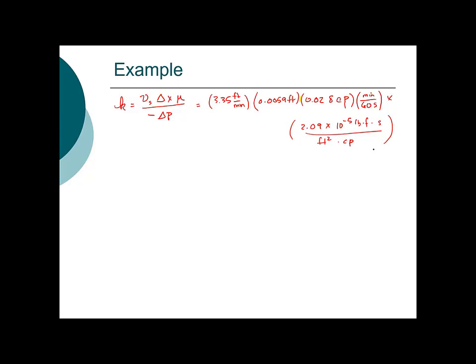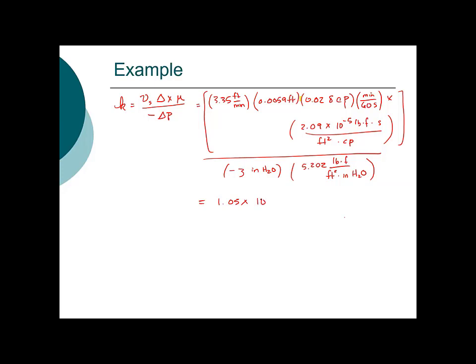And it's just a conversion there. And then we will divide all of this in the numerator by 3 inches of water. And there is 5.202 pound force per foot squared per inch of water. And that is equal to 1.05 times 10 to the minus 11 foot squared. So that gives us the permeability across the dirty filter. So across both the filter and the filter cake.